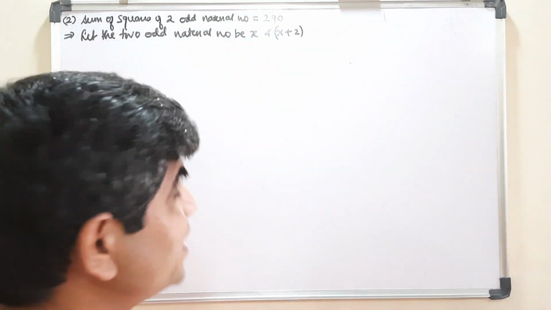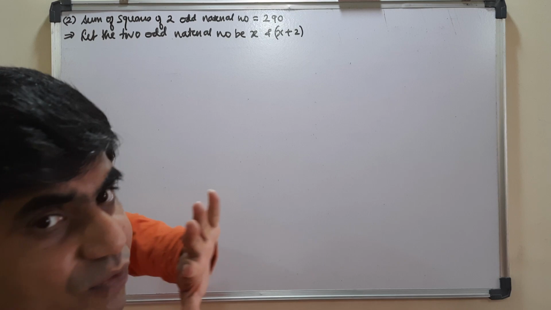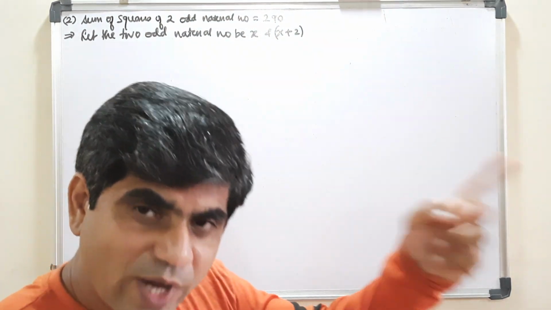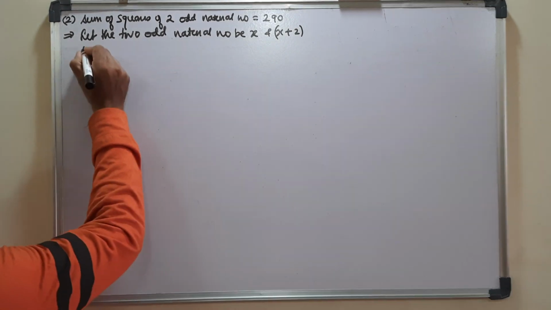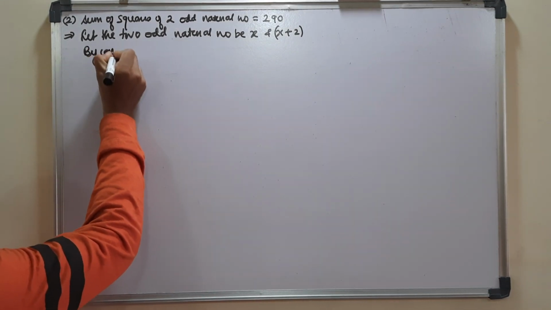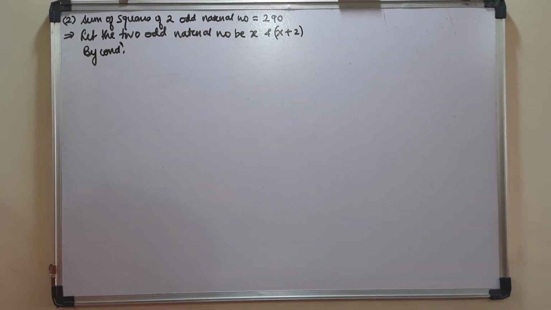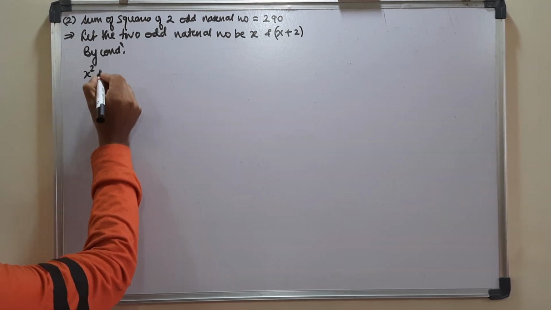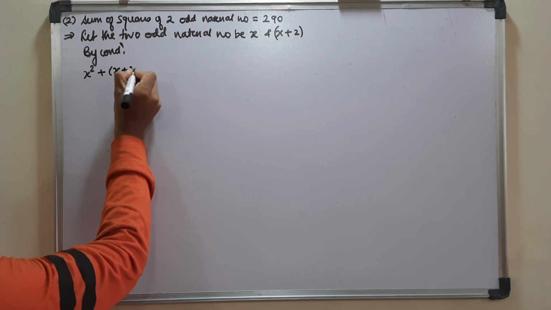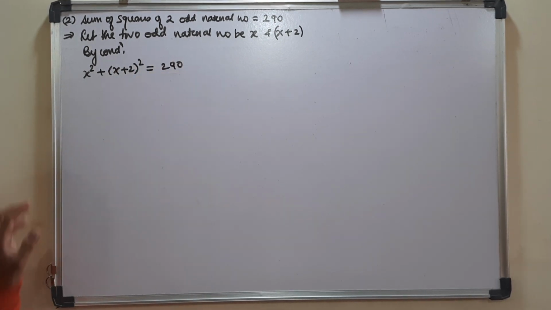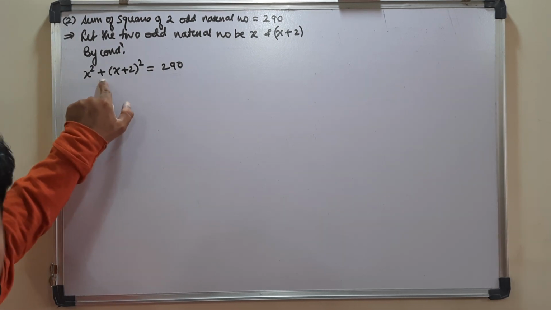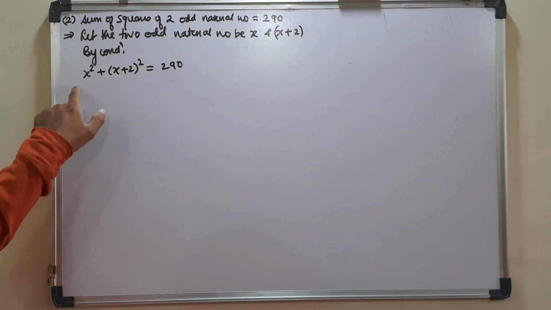What he says is the sum of squares, means you first square them and then add them. He said sum, that is the condition. You get here x square plus (x plus 2) the whole square is 290. Sum of what? Squares of these natural numbers.